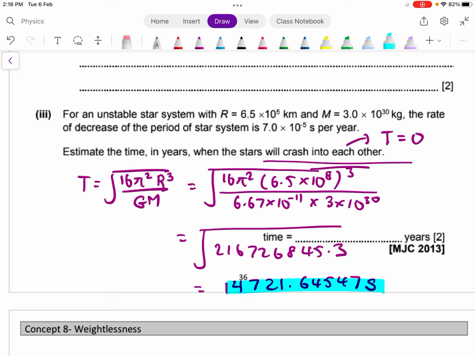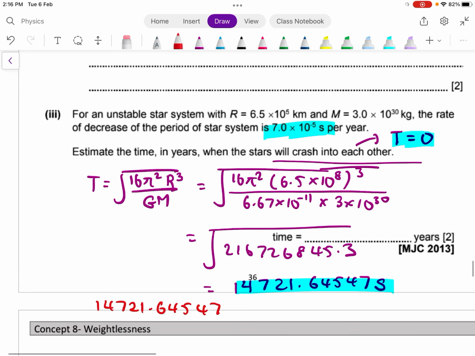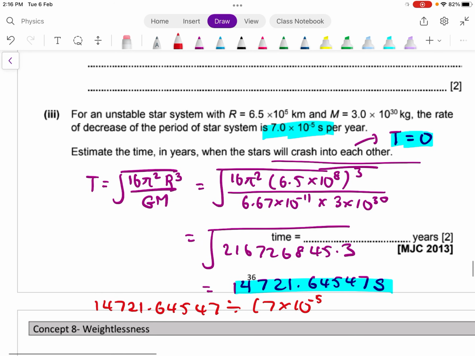Now estimate the time where the stars will crash into each other. I just need to know when the period will be equal to 0. Since it decreases every year by 7 times 10 to the negative 5, I simply divide: 14721.64547 divided by about 7 times 10 to the negative 5.